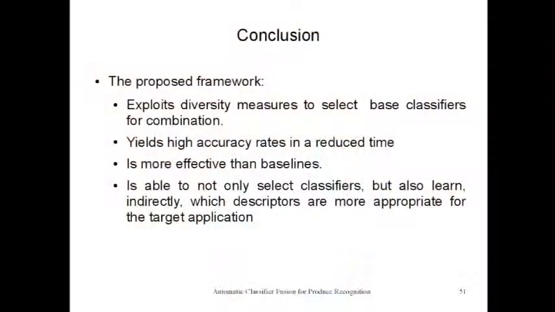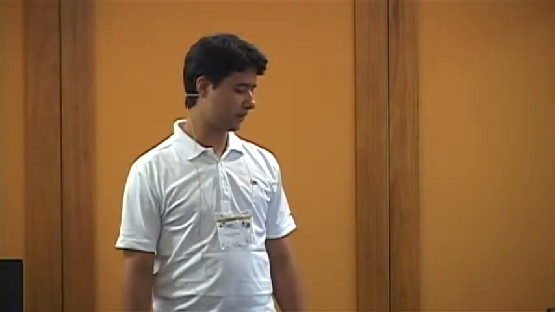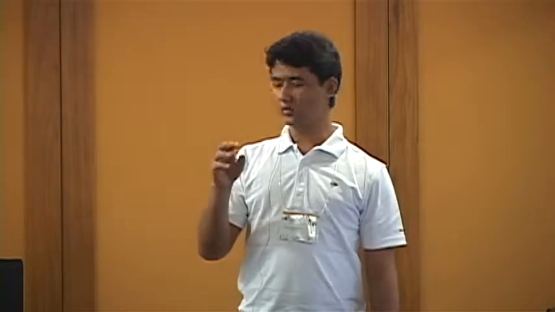So the conclusions. The proposed framework exploits diversity measures to select the basic classifiers for combination. It yields high accuracy rates in reduced time, is more effective than baselines, and is able to not only select the classifiers, but also detect the most appropriate descriptors for the target application.